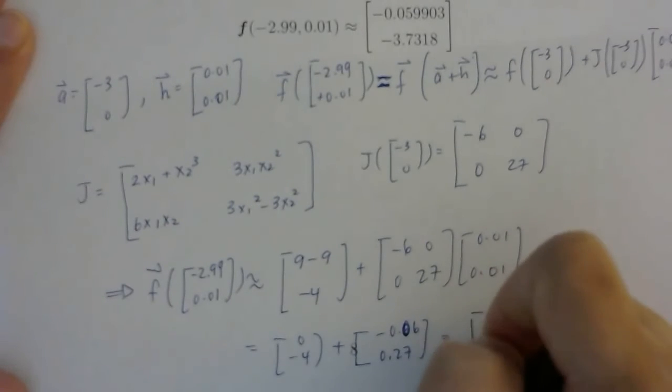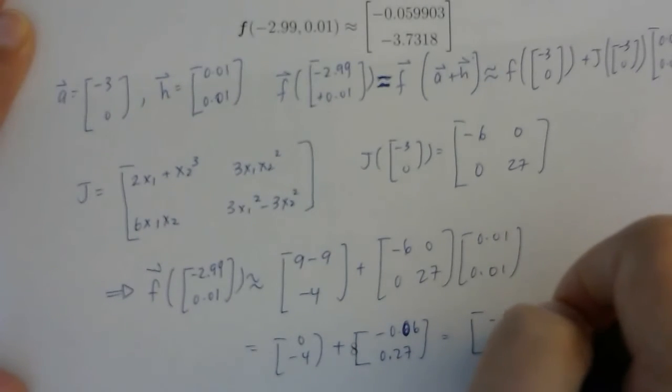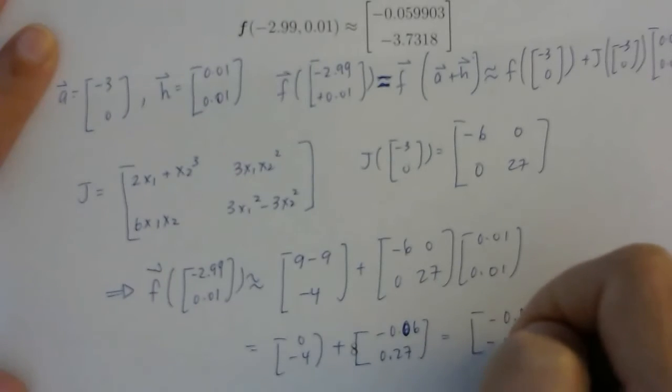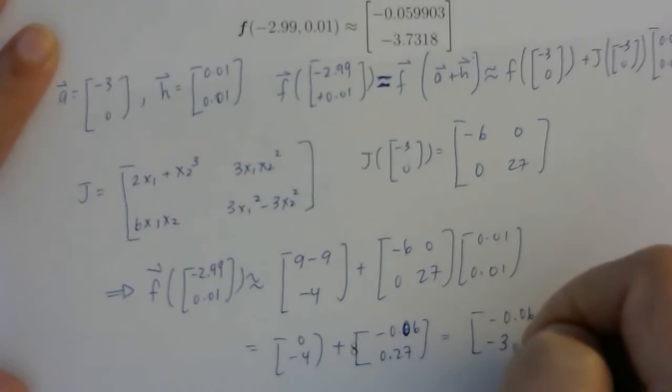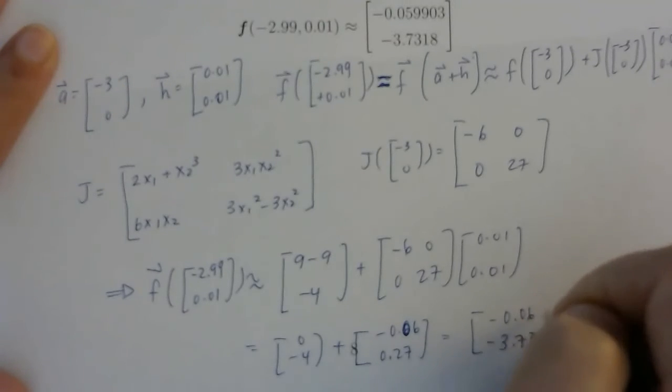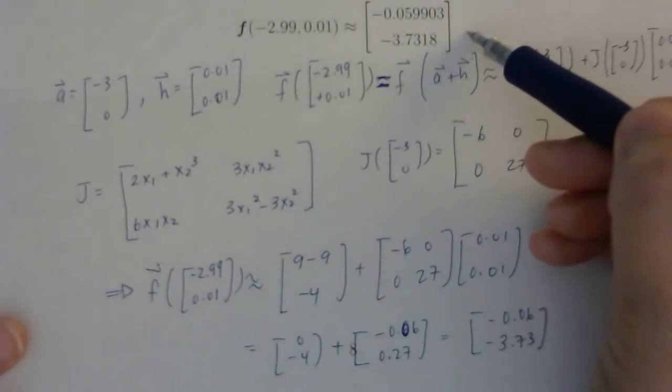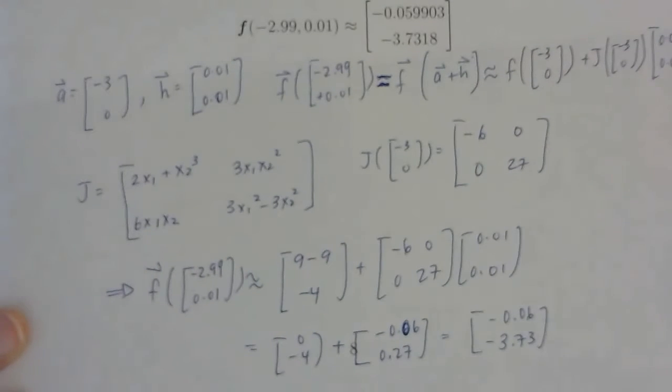So this is minus 0.06, and then minus 3.73. So it should be what, 73? That looks right. Okay. Oh yeah, and then I compare to the actual answers up above, and it's pretty close.